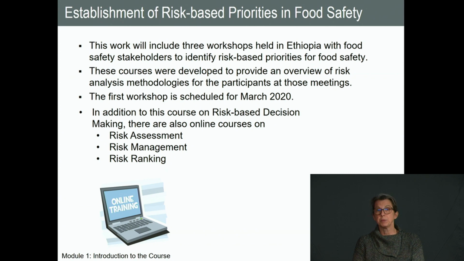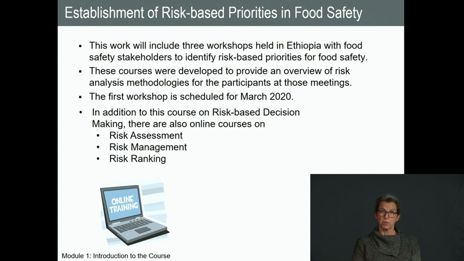So finally, this particular part of the project is the project that I'm the lead for, and this work is about establishing risk-based priorities in food safety for Ethiopia. So risk-based systems are always built on the premise that there are a limited number of resources to focus on the thing that you care about. And so the idea is, if you're going to focus on a limited number of things, you want to focus on things that are the most risky.